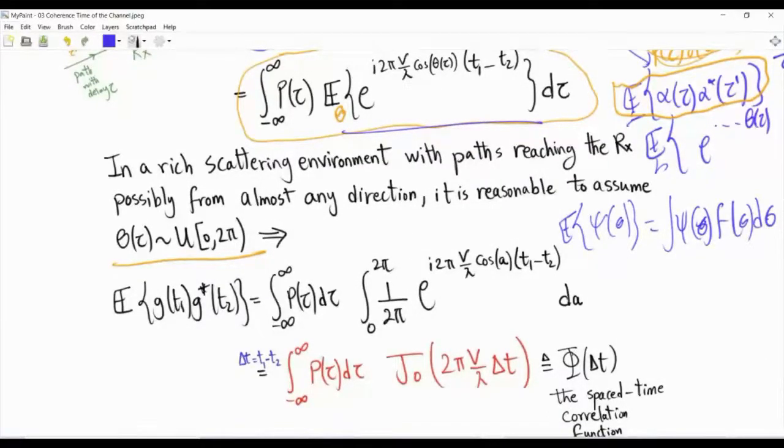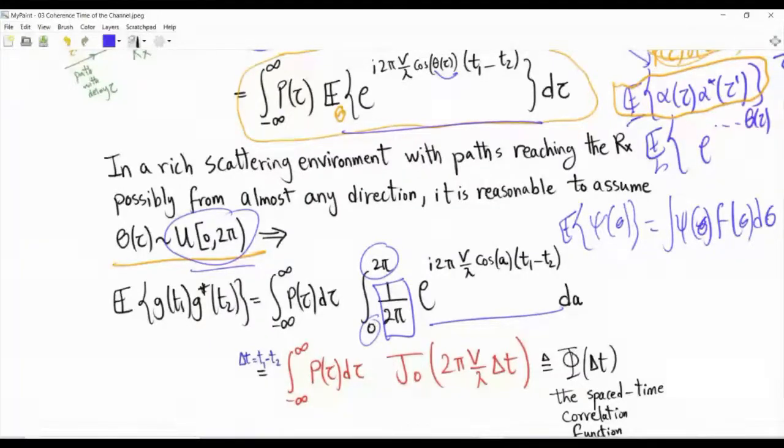So this is exactly what we'll do here. Uniform from 0 to 2 pi, and so the PDF is 1 over 2 pi, and then you have an integral from 0 to 2 pi of what we are integrating. And of course I'm assuming that every theta of tau, regardless of tau, is uniform from 0 to 2 pi. So this is a universal distribution applied to any path.